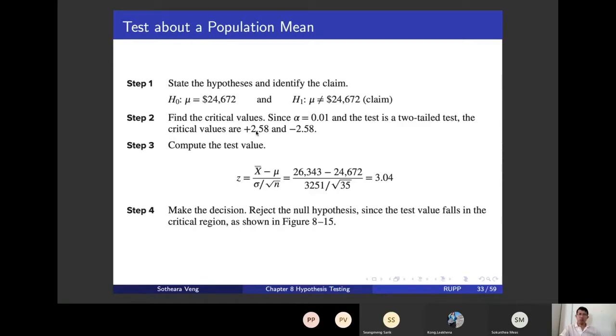Because for the two-tailed test, there are two parts of the rejection region: the value which is less than this one or greater than this one. I'm sorry, it's greater than this in the rejection region. So this value falls in the rejection region, so we have to reject the null hypothesis, right?